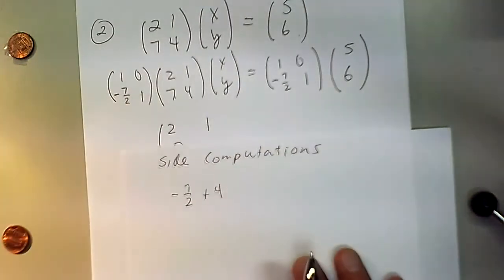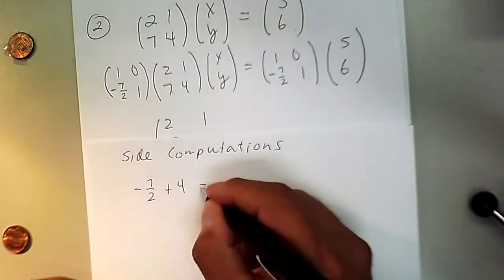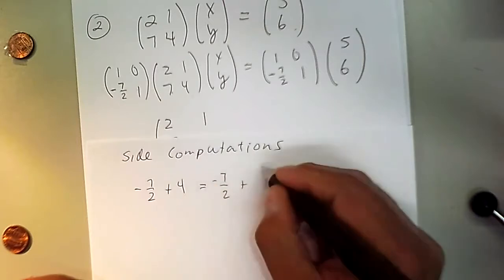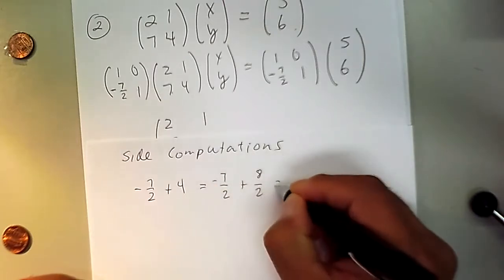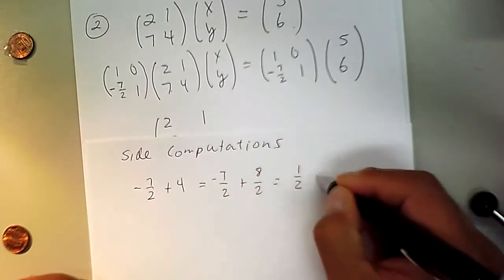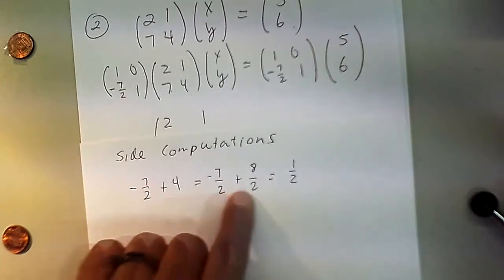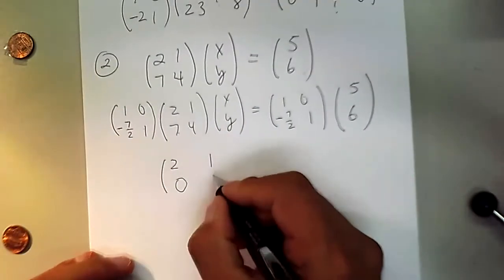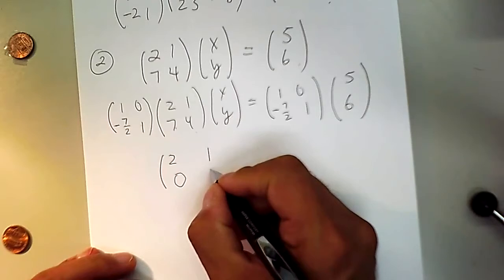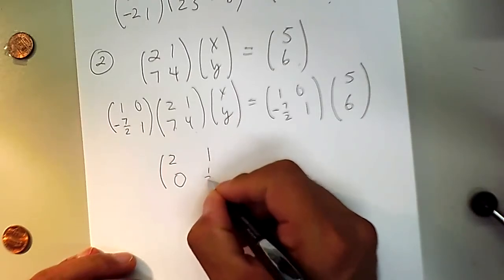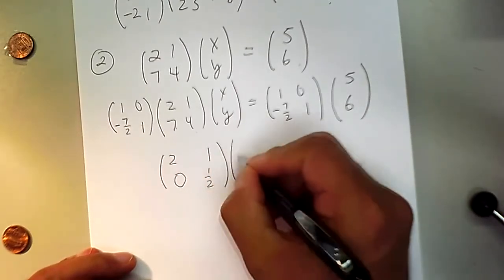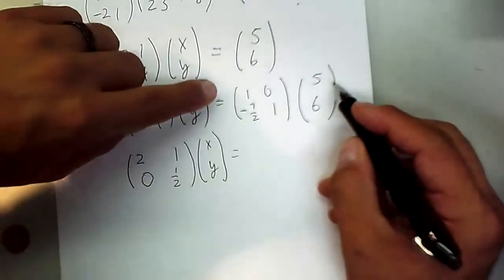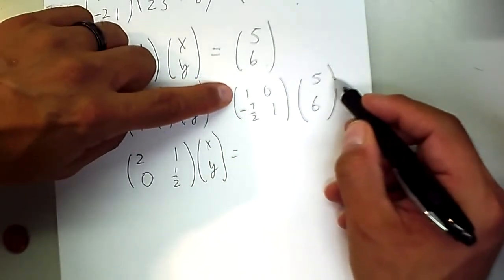Many of you who are listening to this video probably already figured this out. That is 8 halves minus 7 halves, and that is equal to 1/2. But just to be sure, we want to show how we computed the 1/2. So that goes here, 1/2, times x, y.